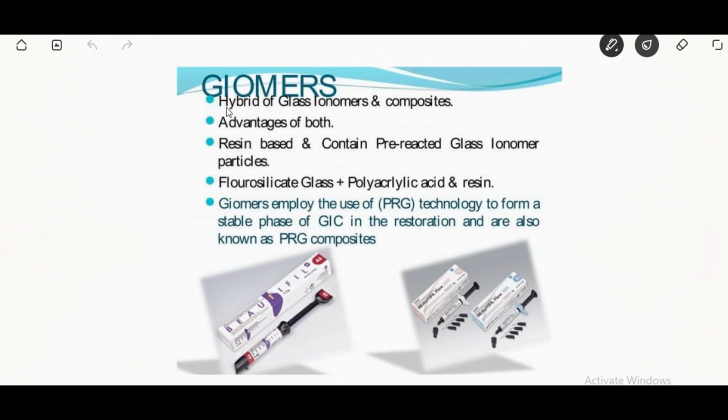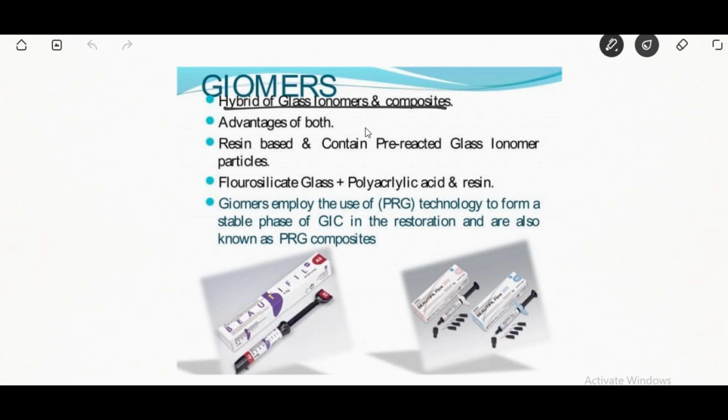So they have properties of both glass ionomer and resin composite. They are resin based material that contains pre-reacted glass ionomer particles. The particles are made up of fluoroaluminosilicate glass that has been reacted with polyalkanoic acid before being incorporated into the resin matrix.